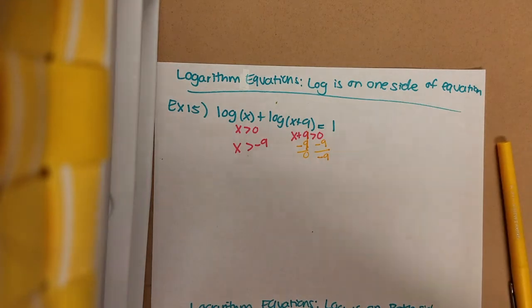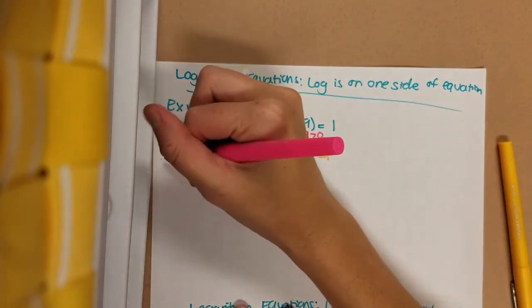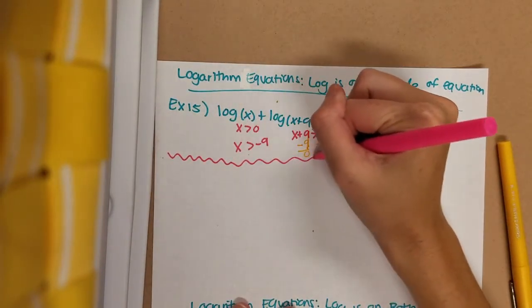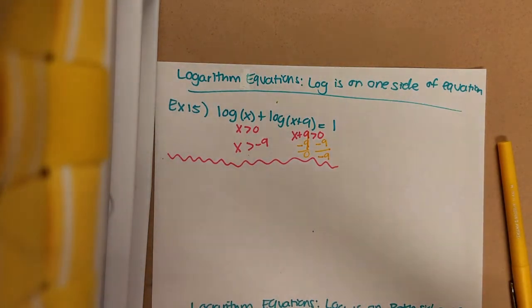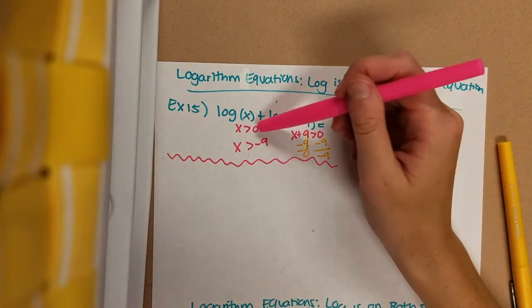So far we've only had one inequality to deal with. Now we've got two going on. How do I deal with this when there are two inequalities? Well, let's think about it. My answer at the end has to work in both inequalities. So let's say my answer is negative 10. Does negative 10 work in either of these?